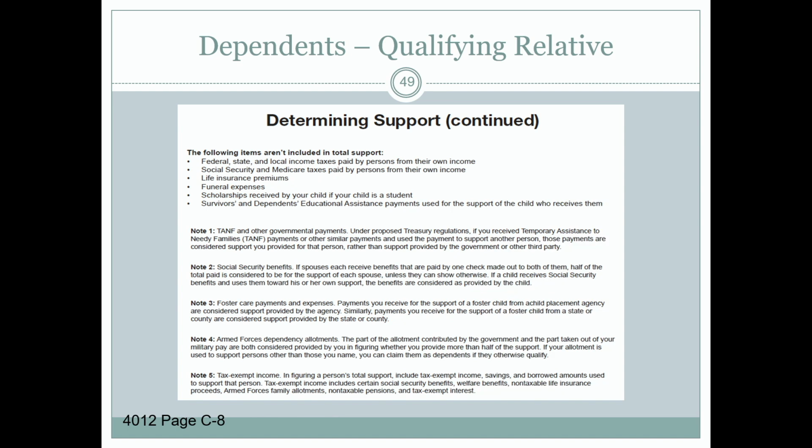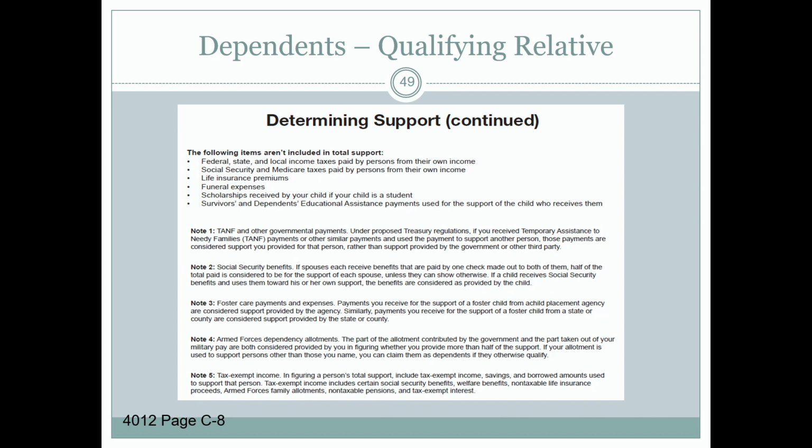If you had a person who was working, those things would be included in their gross income, but they would not be included in their support. Also life insurance premiums, funeral expenses, scholarships that they may have received, and then the survivor and dependent educational assistance payments, those things are not to be included in support.